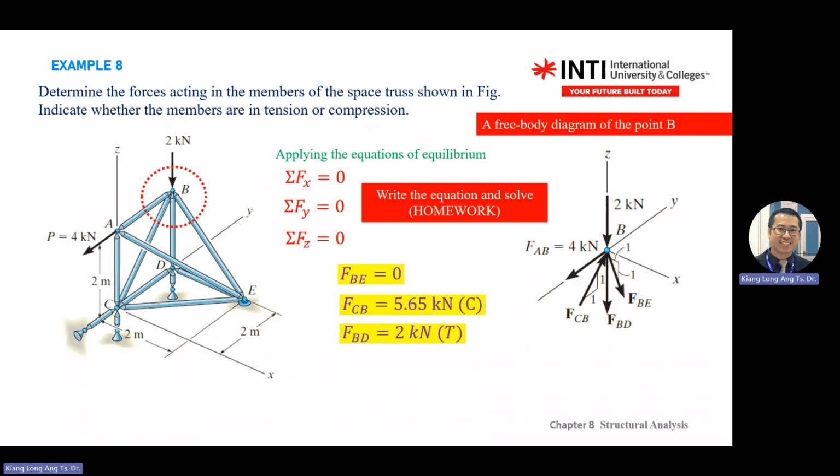you need to make some clear. So for example, if you draw FCB like this, at the end, you get FCB, your calculation, minus 5.65 kilonewton.